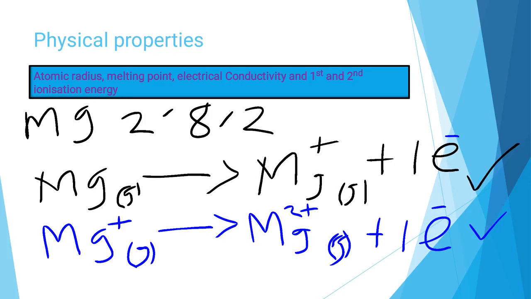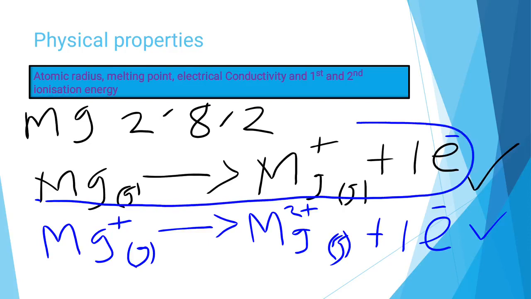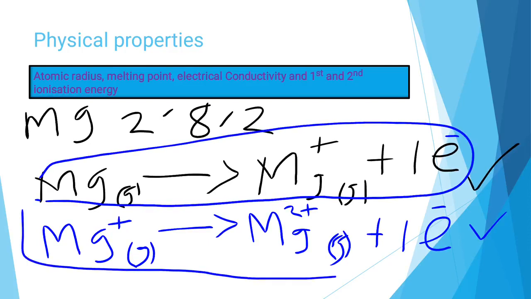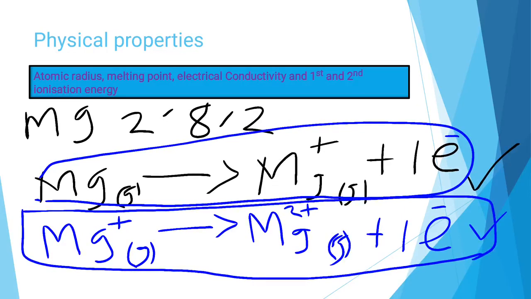So we have the first ionization energy that resulted in it losing only 1 electron, and then again we have the second ionization energy leading to the loss of the second electron. And at that point now we have the magnesium ion.